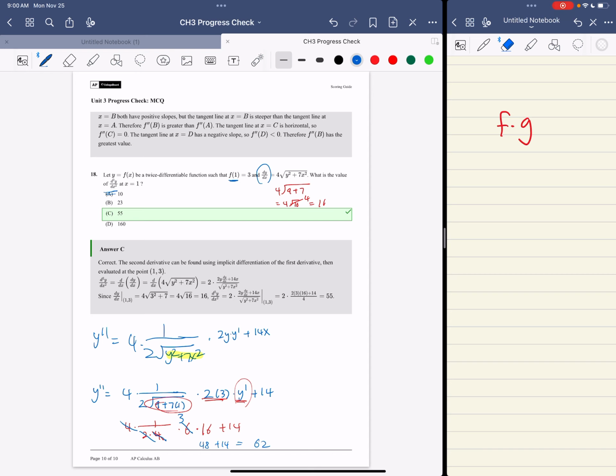I don't know where I made a mistake. Did I forget to write something? I don't think so. Because 2 times 3 times 16, so I did it here.